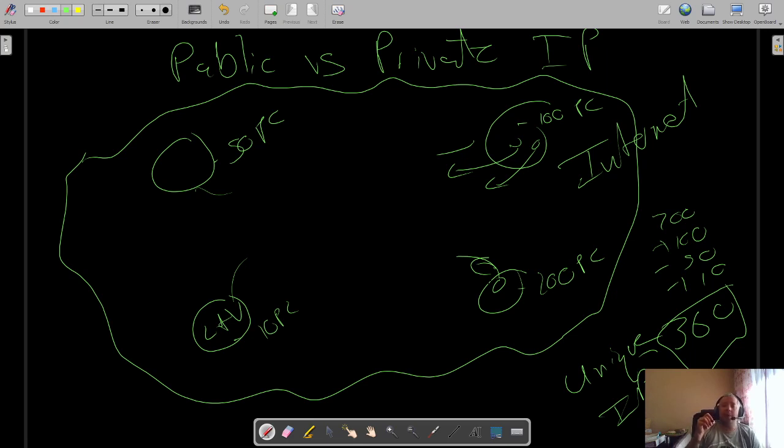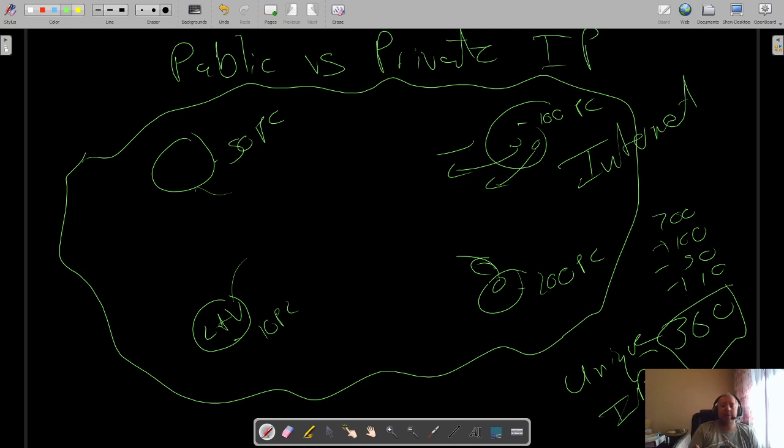Think of a network that's got 1,000 PCs. They would need 1,000 IP addresses to connect. So if we give every single device a unique IP address so that they can connect to one another, we are running out of IP addresses really quickly.